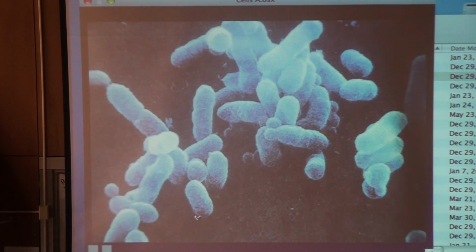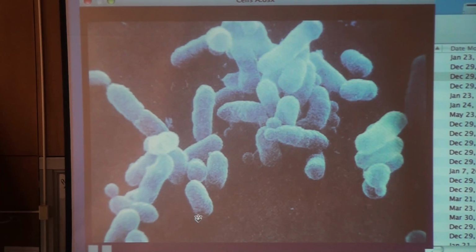Now, one of the practical upshots of that is that we can now move DNA between different species. This didn't used to happen until biotechnology was invented, but they can take human genes and stick them in bacteria, and the bacteria will express those genes, which means to make their proteins just fine.